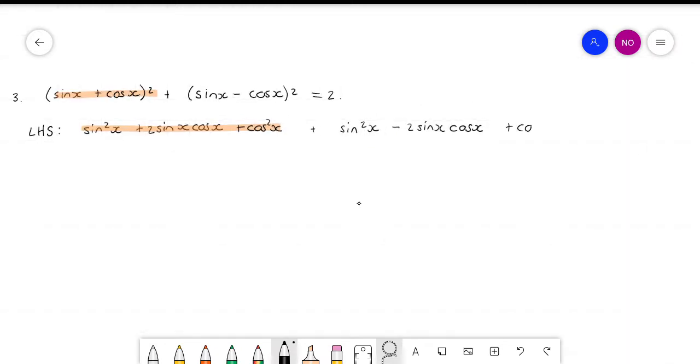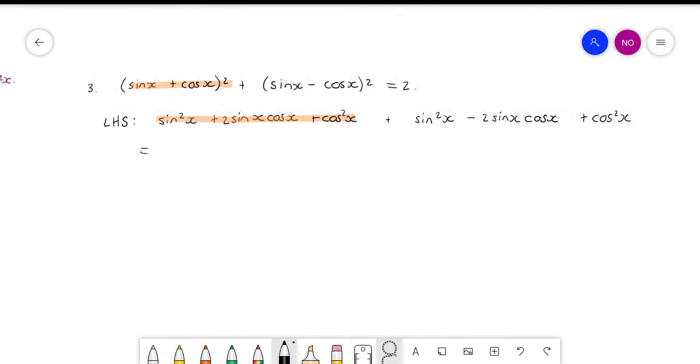Plus cos kwadraat x. And this one, if you simplify it, you get 2 sin squared x plus 2 cos squared x. Want daai term en daai term kanselleer mekaar uit.